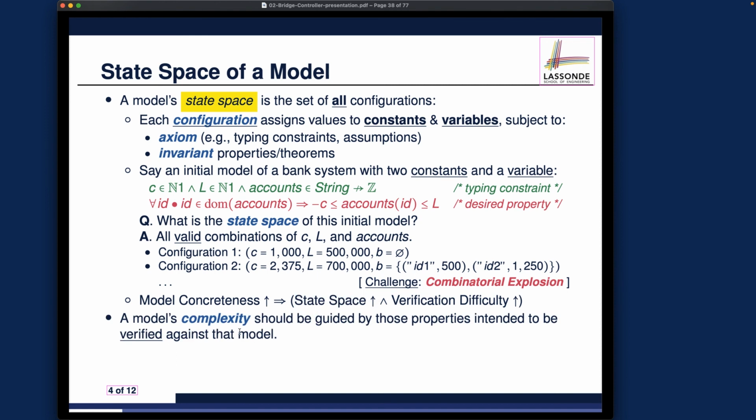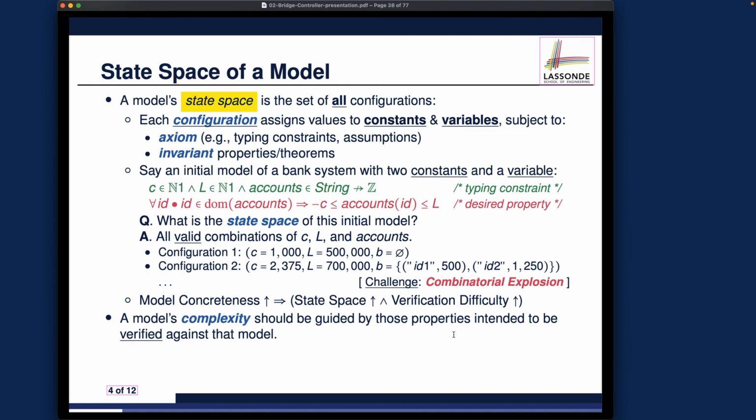A model's complexity should be guided by those properties that you intend to really verify against the model. So you want to think about all the requirements I would like to prove as correct. Eventually, I want to distribute those properties into a series of models, so one will be a refinement of another. In that case, we can put a manageable amount of details to be verified in a particular model, right?